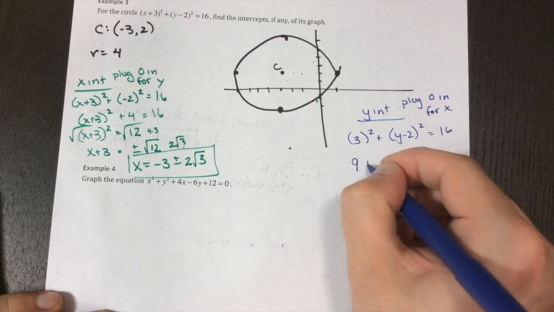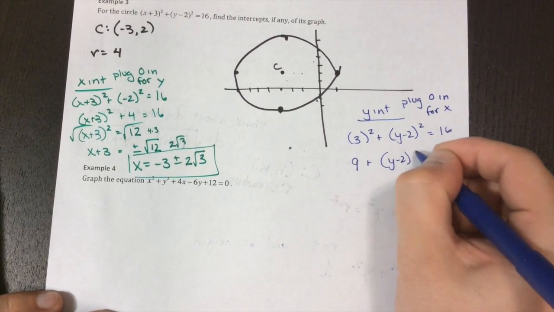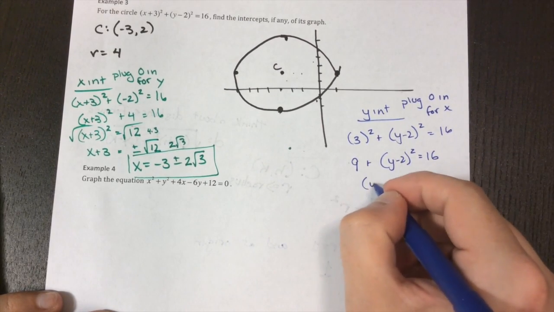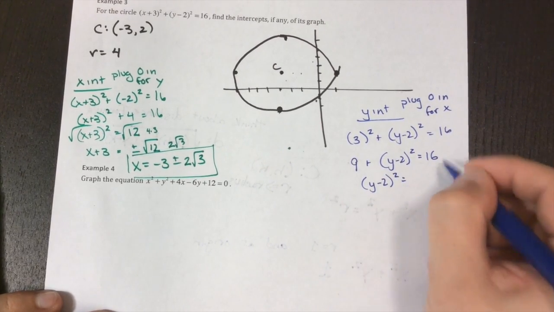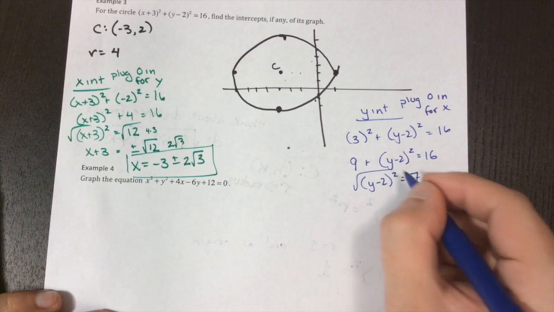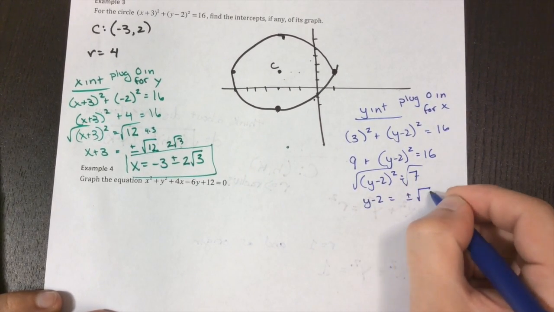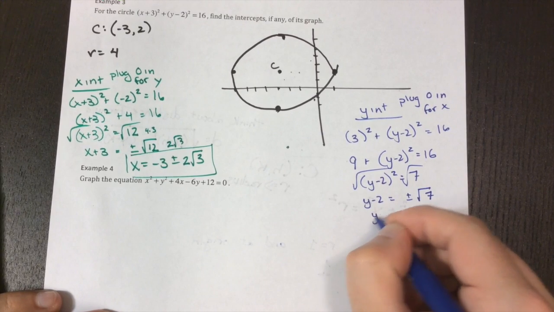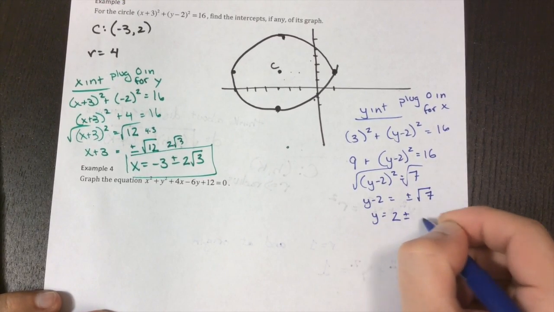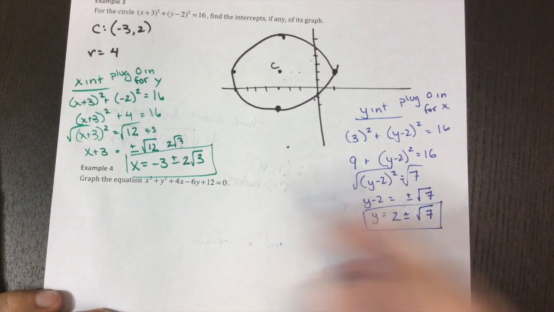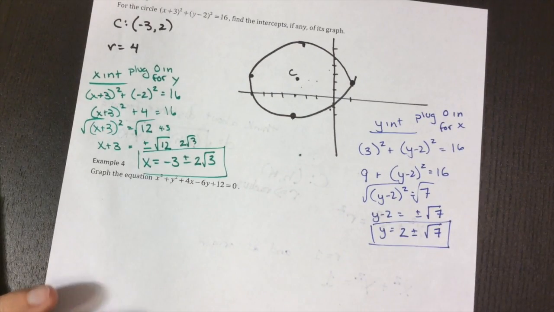So I get 9 plus y minus 2 squared equals 16. Subtract 9 from both sides, which is 7. Square root both sides. Y minus 2 equals plus or minus square root of 7. And then we're going to add 2. So, kind of combining what we've learned the past couple levels and starting to come together.